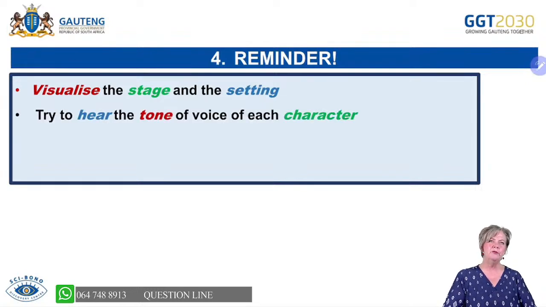You also need to try and hear the tone of voice of each character. Remember, very often it's not what they are saying, but how they say it. And that will lead the next character to react.